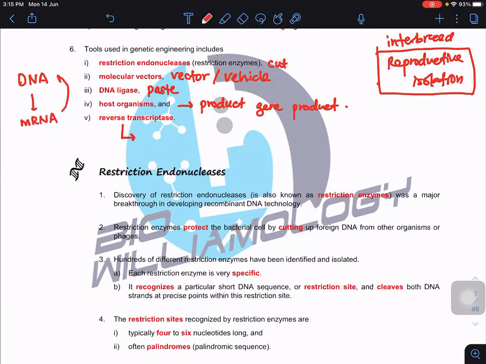The reverse way is known as reverse transcriptase, which means it uses mRNA as a template to make DNA. This is the role of reverse transcriptase. Basically, we synthesize complementary DNA, cDNA, from mRNA. Don't worry, we're going to go through them one by one.